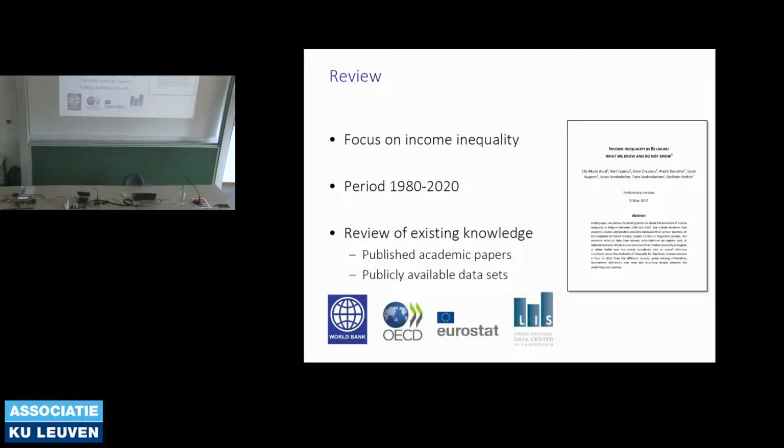Similar story for the OECD, Eurostat, obviously, and also LIS, which harmonizes the different income surveys for the different countries. Also there you can, with a couple of clicks, generate yourself a trend of Belgian income inequality. So we wanted to give an overview from these two different sources.